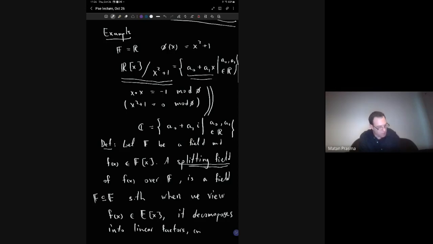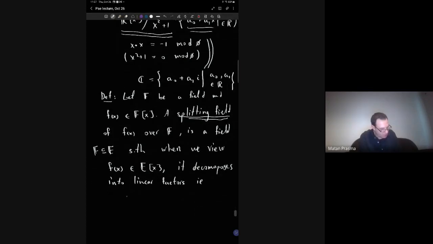And by linear factors, I really mean that then f(x) over E would be some constant, let's say alpha, times (x minus alpha 1) times ... times (x minus alpha n), where n is the degree of f.